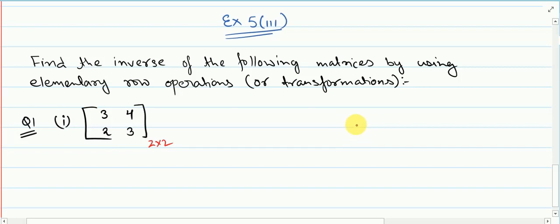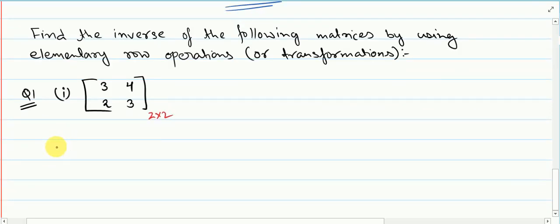You know that a matrix will have its inverse only if its determinant is not equal to 0. So this is our first duty, to check whether this will have an inverse or not. So we will find its determinant.